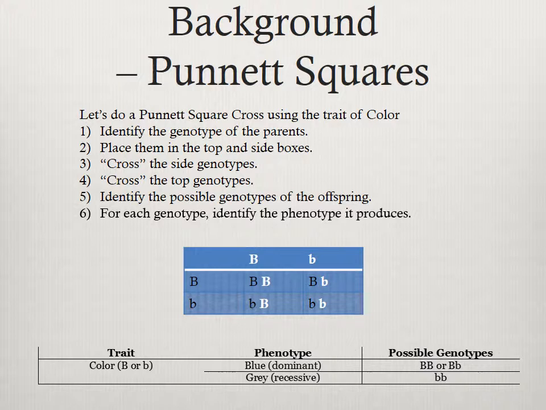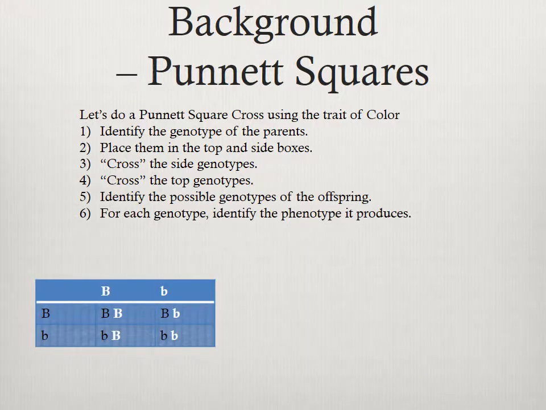And I have a big B, little b, that will be blue. Anything that has 2 little b's will be gray. So we can look at box 1, box 2, box 3, box 4, and decide what color each of those puppies will be. For each genotype, we've identified the phenotype.